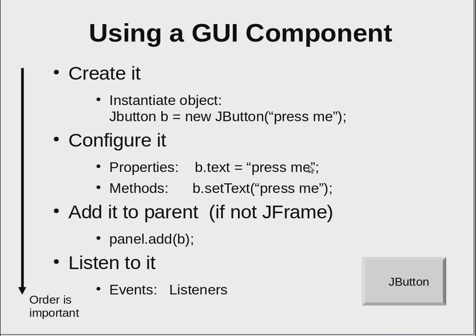Then you configure it using its properties, like set text for it, and then you add it to some container where it will be located inside, and then you need to say what kind of events it will produce and how you will handle it.